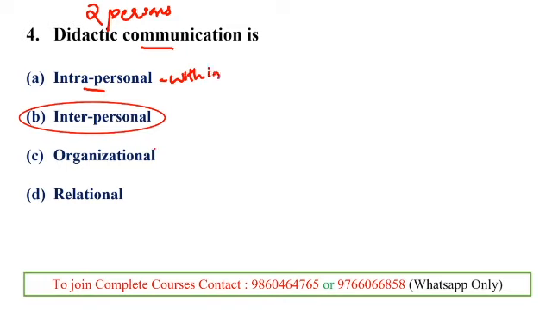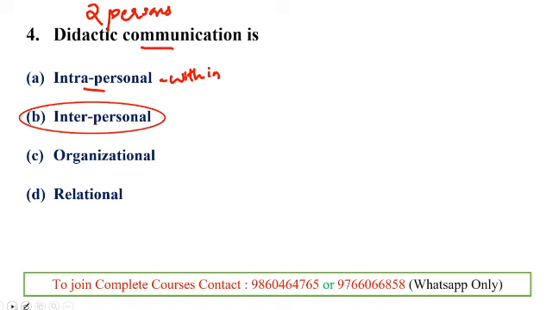Clear. And organizational is another mode of communication. So intrapersonal communication is the one within ourselves, the mind voice for example, that is the communication with ourselves. And interpersonal means the communication between people. Almost all communication is interpersonal.